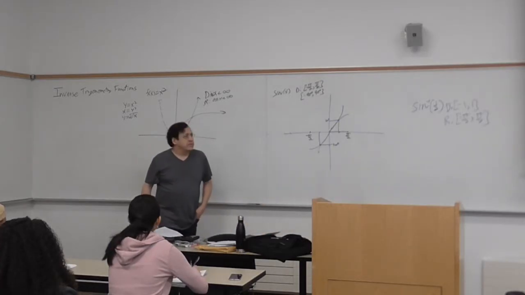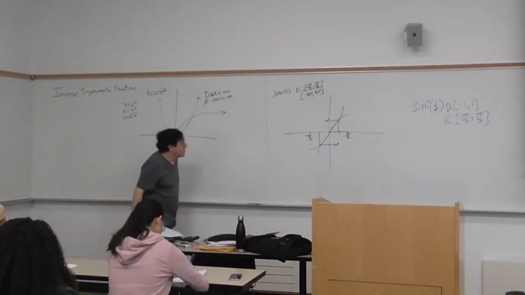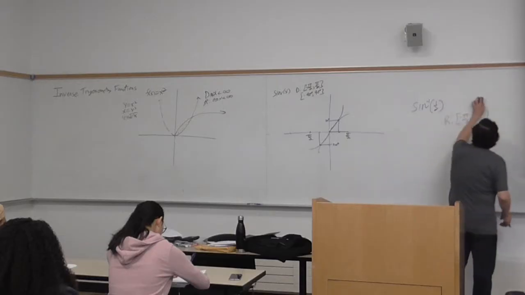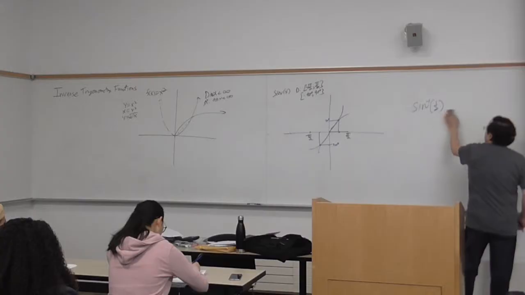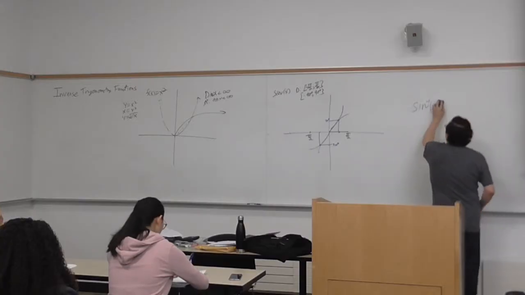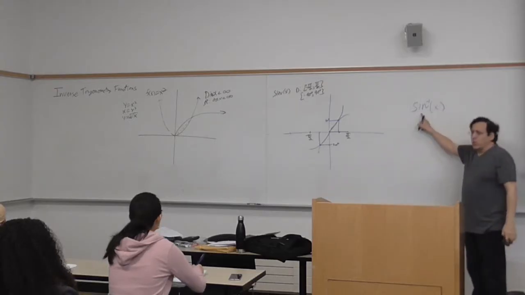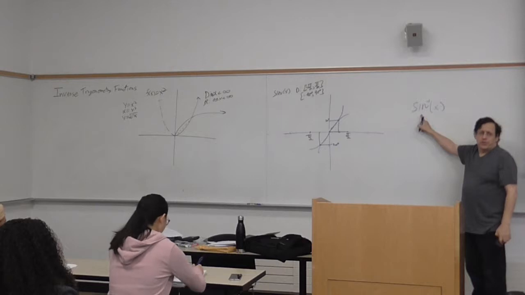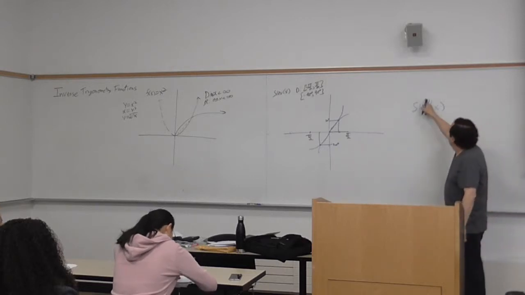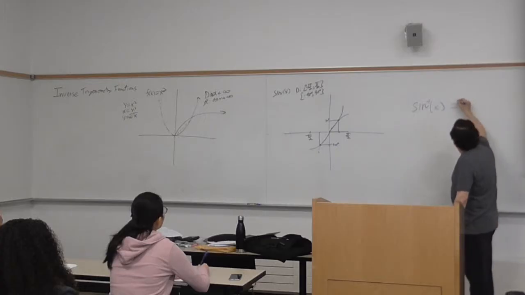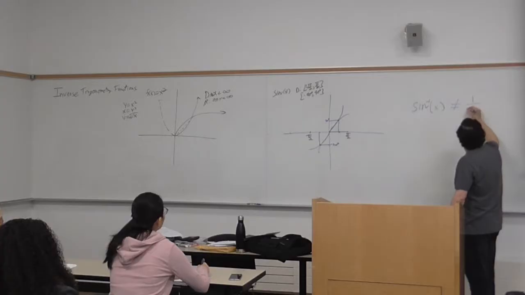Okay, a little notation here. Let's be very careful when we write this. One of the ways we write this inverse function is just like this: sine to the -1 of x. Right? Be very careful. This is not 1/sine of x.